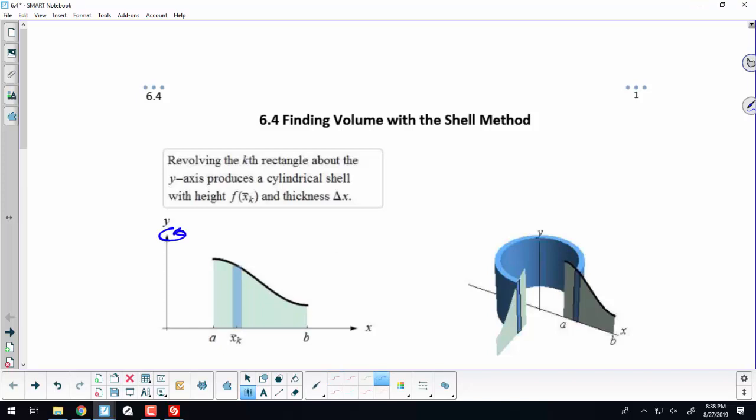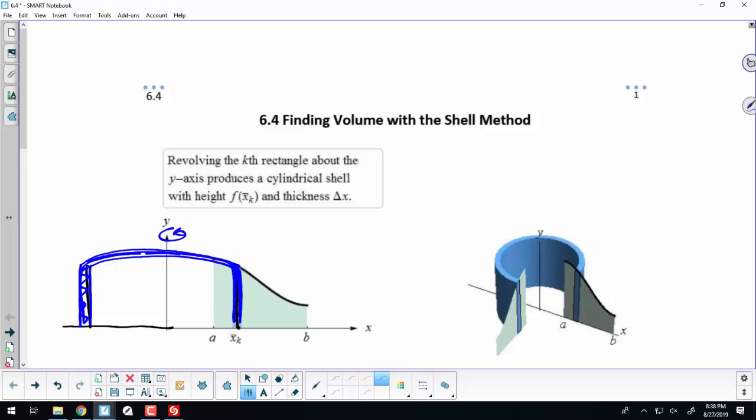You can kind of see that here, but what we're getting, you've got to envision that this is a solid here.